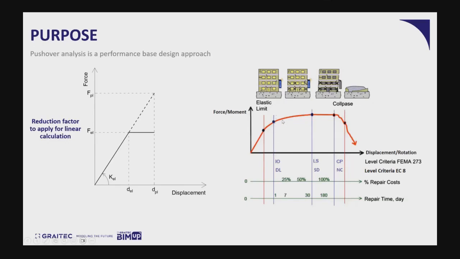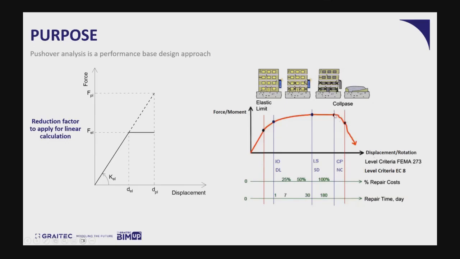Now, if the structure is a little bit less important, we allow a little bit more plasticization. We have these limit states that are defined by seismic codes. If the structure is not important, we have what we call near collapse, or collapse prevention according to FEMA code, or near collapse according to Eurocode.